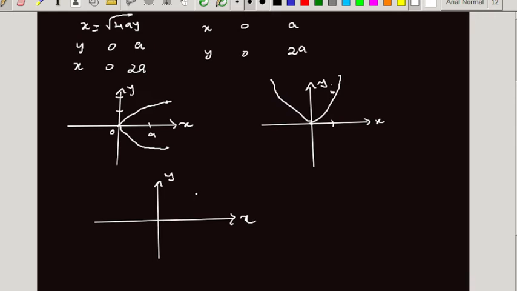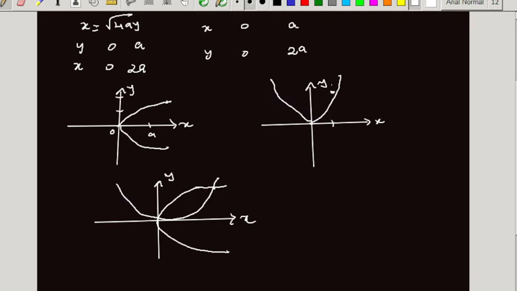If we combine this one, we can draw the diagram. We get the two parabolas. So this is the approximate diagram. Here x is 2a, x is 0, y is 2a, and in this one x is a. So here we consider always this point.